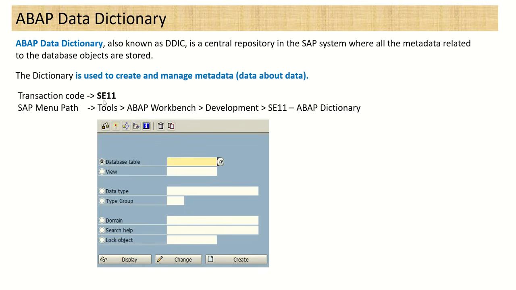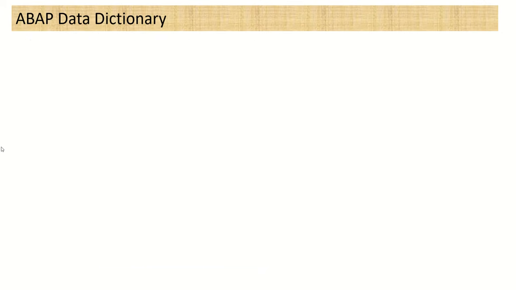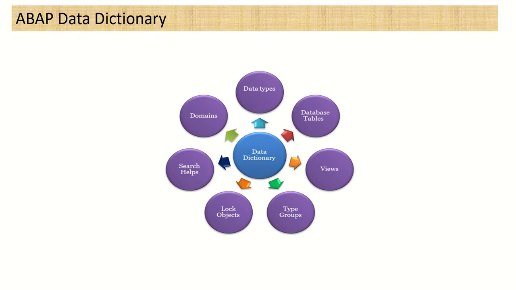If you want to go through the menu path, it is Tools, ABAP Workbench, Development, and then SE11. This is a screenshot of how the DDIC screen looks if you enter the T code SE11 in the command field.